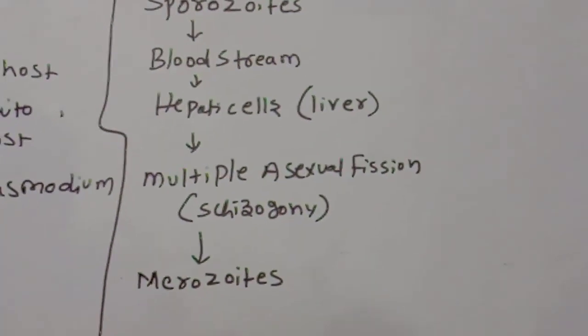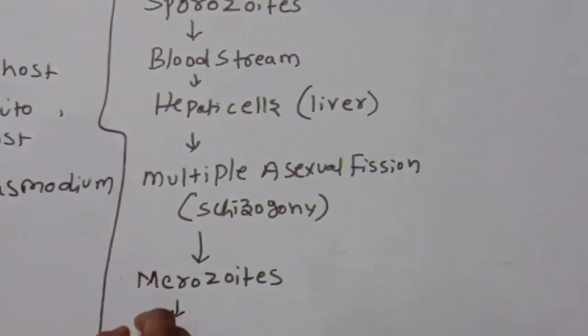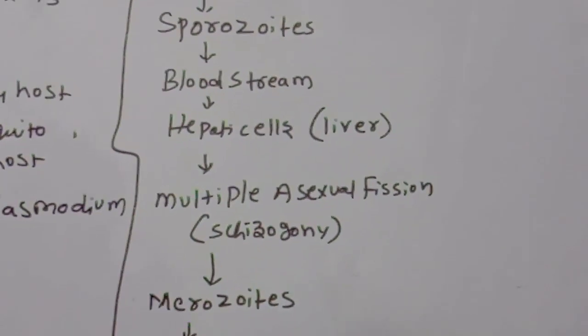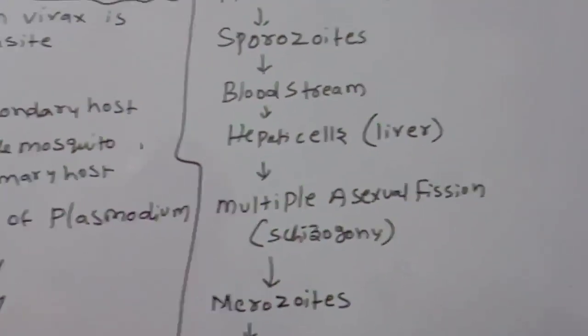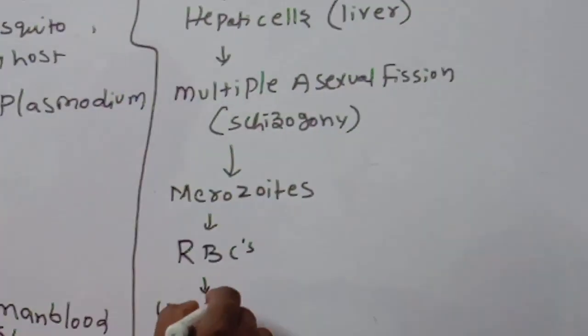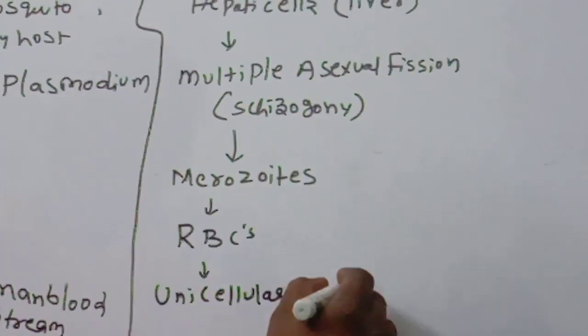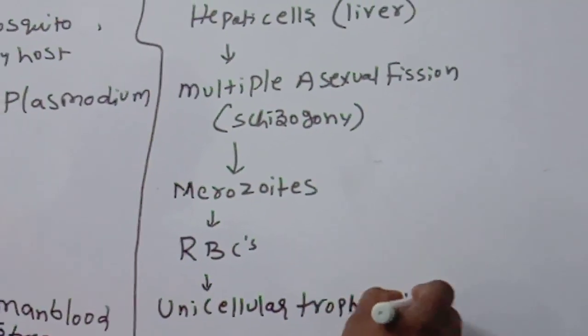After being released, these merozoites enter into the RBCs. Here they develop into unicellular trophozoites. This one also you have to remember.